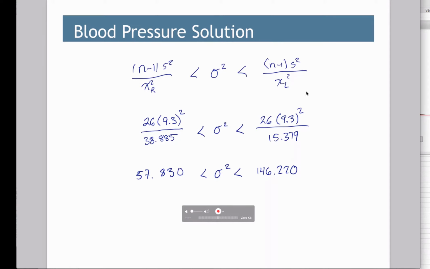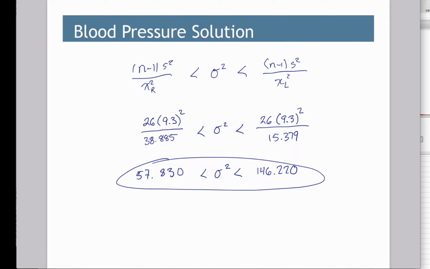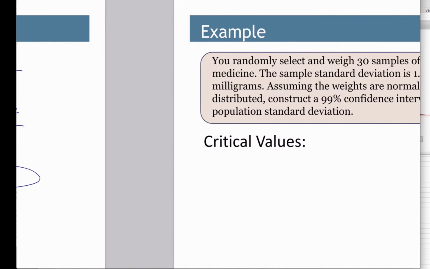Okay. So there is my confidence interval. So I am 90% confident that the true population variance is between these two values. Okay, so there's a confidence interval.